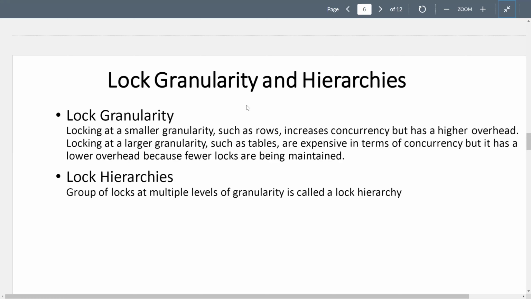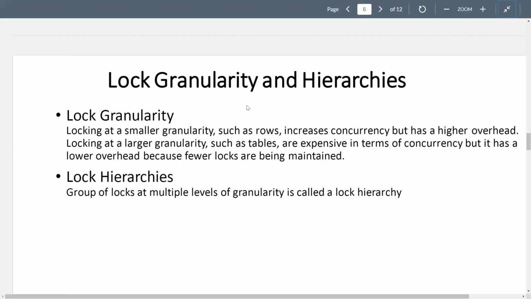So when the overhead is so high, then performance of the database management system degrades. So that's the problem. If we have small lock granularity, the overhead is high, though concurrency is increased. But when we reach a point where the overhead is so high, the performance of the database management system has decreased. We need to do something about that, right?